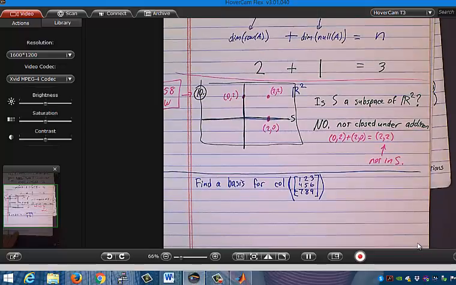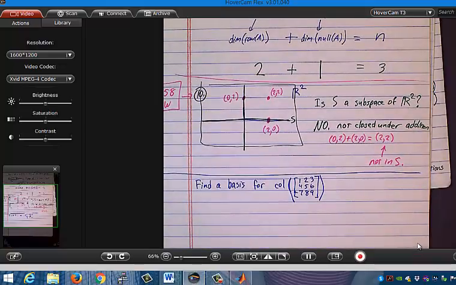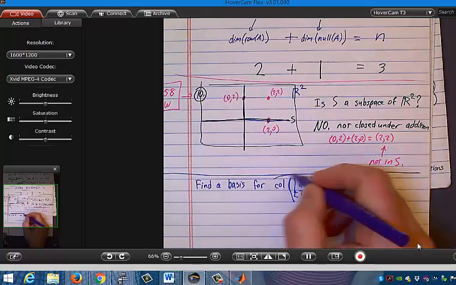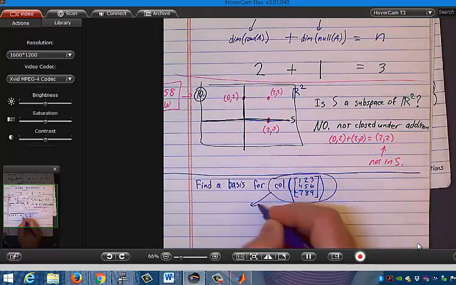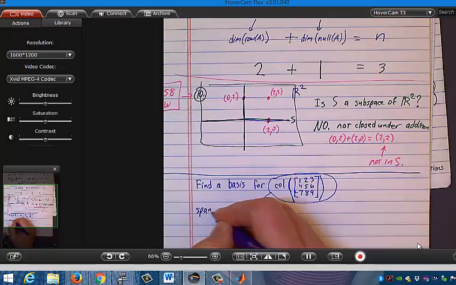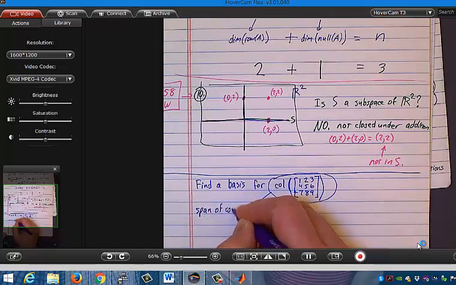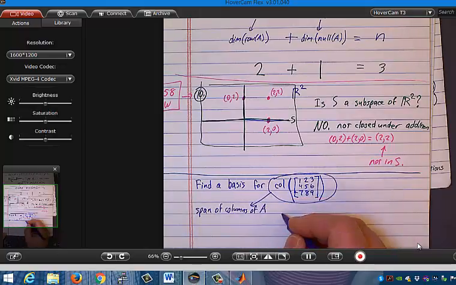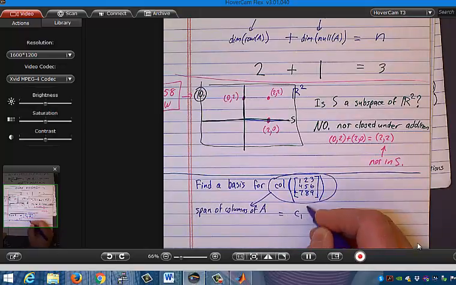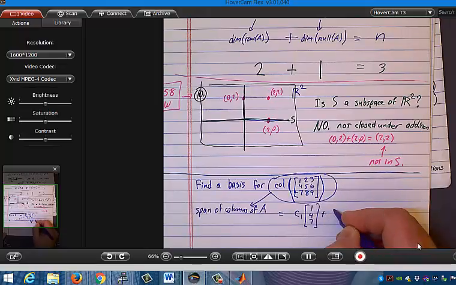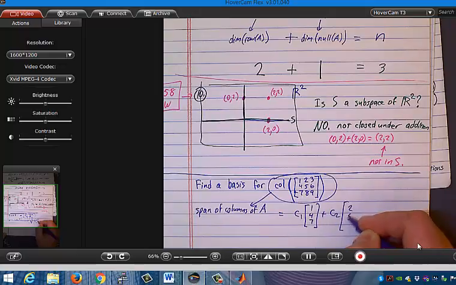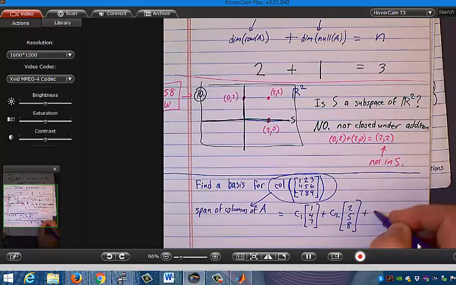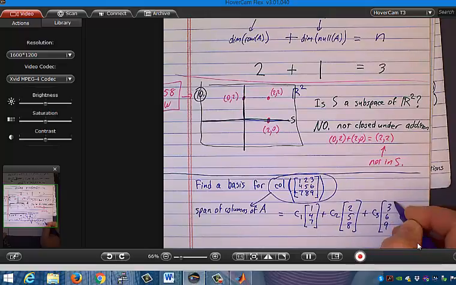Now, what is the column space? Again, this set is the span of the columns of A, right? So it would be the set of things that look like this: c1 times (1, 4, 7) plus c2 times (2, 5, 8) plus c3 times (3, 6, 9).